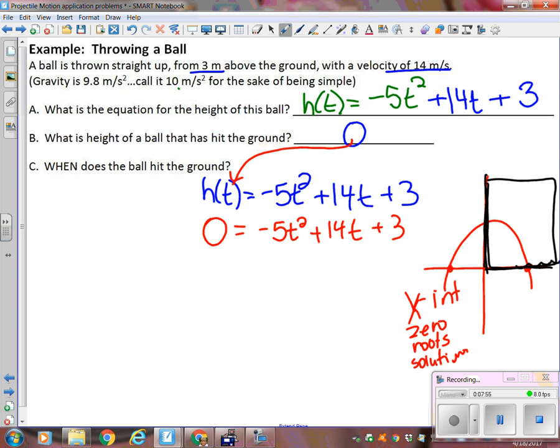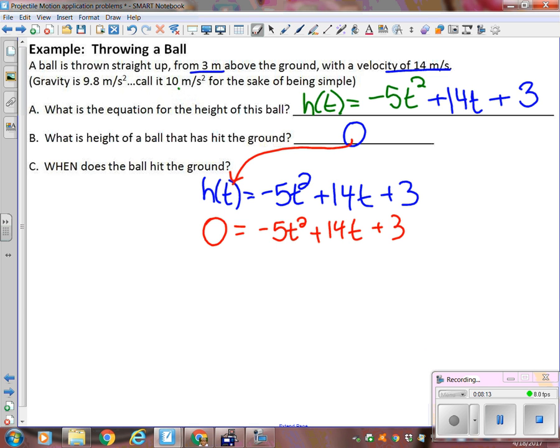Could the ball fall down under the level of where it started? Yeah, it could fall like in the water. But for most of our problems, once it hits the ground, it's not going to dig its way into the earth. So that's why we're going to restrict ourselves to only needing the top right-hand quadrant. But we're still solving for zeros.